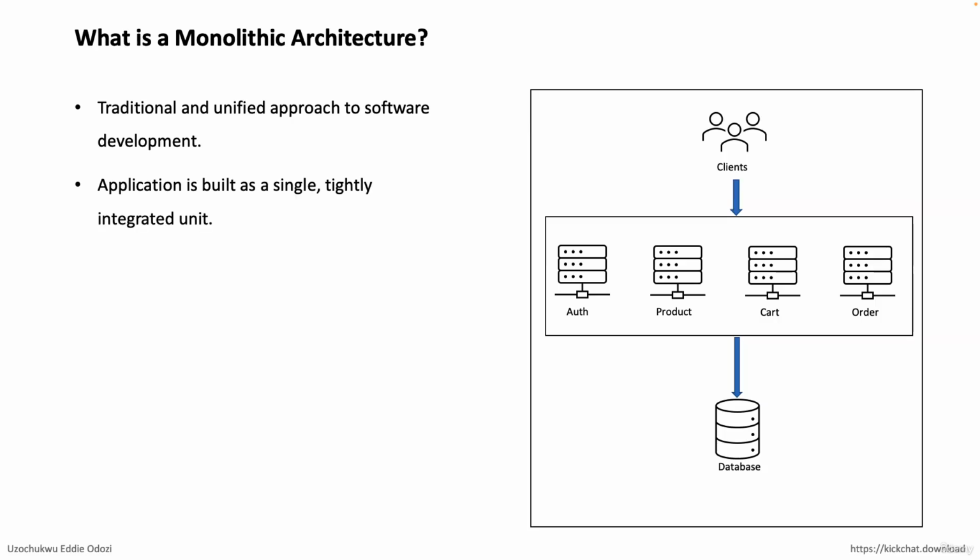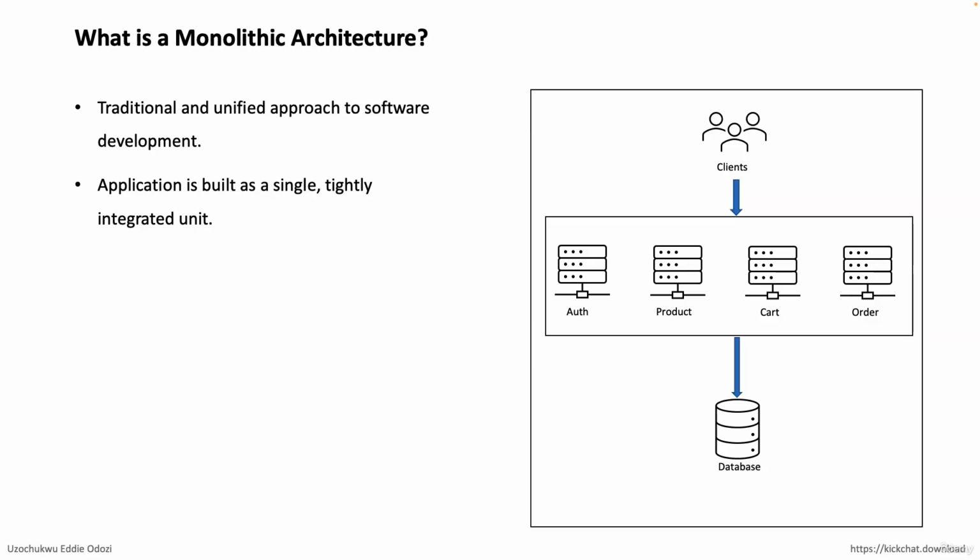So in a monolithic architecture, the application is built as a single tightly integrated unit. So it involves the client, the server layer, and the database layer, all built as a single integrated unit.